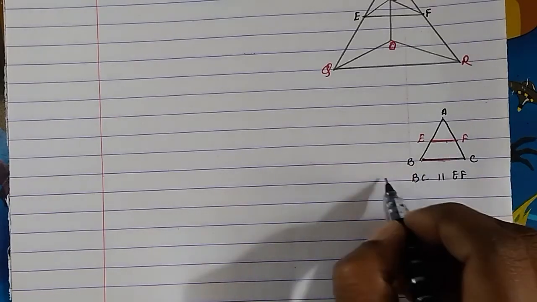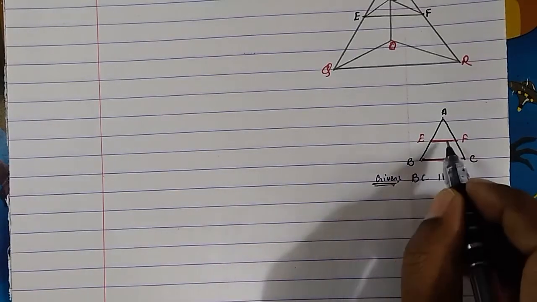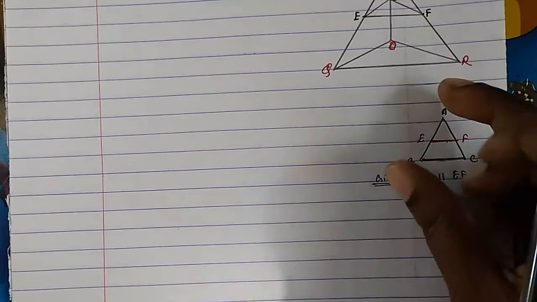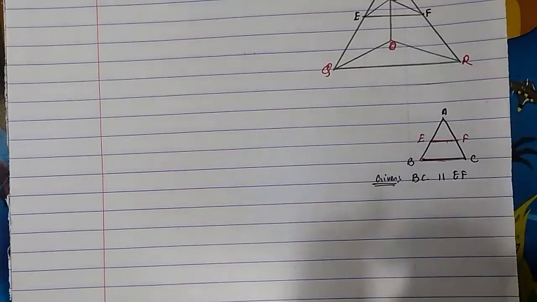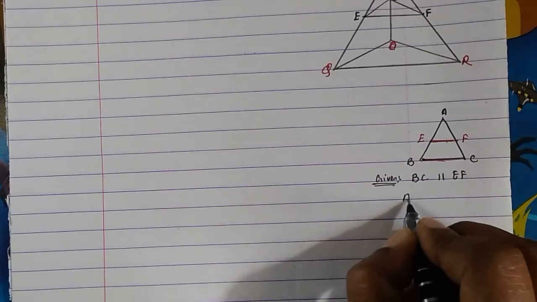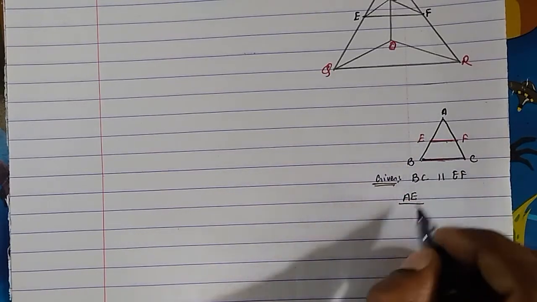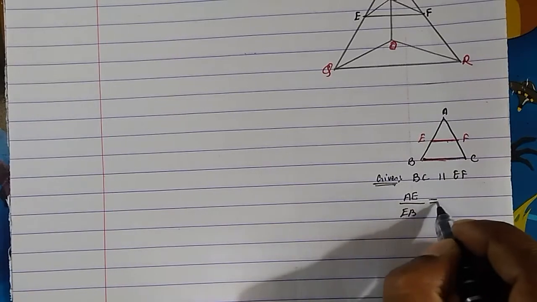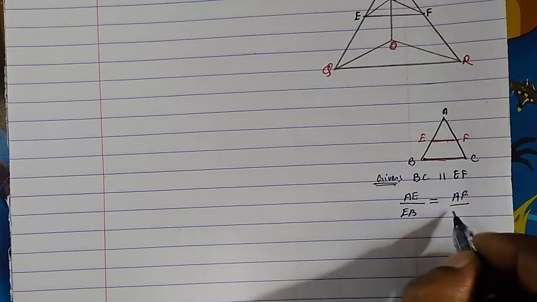if these lines are parallel, then the ratios formed on both sides will be equal. So that means AE upon EB will be equal to AF upon FC.